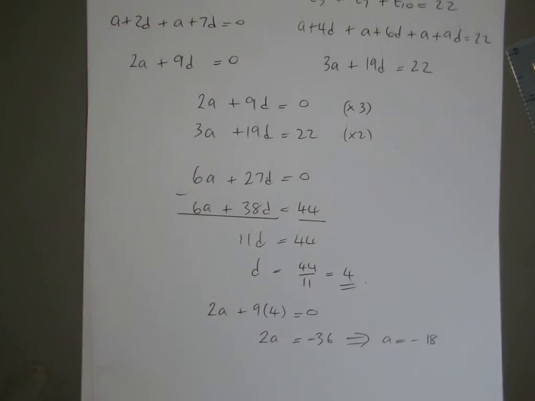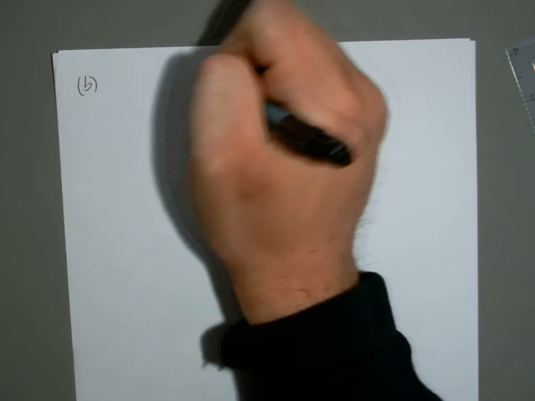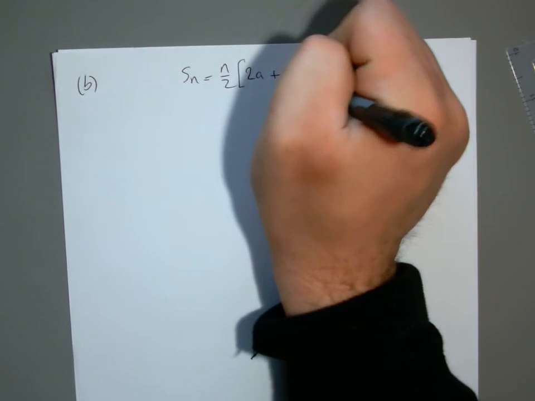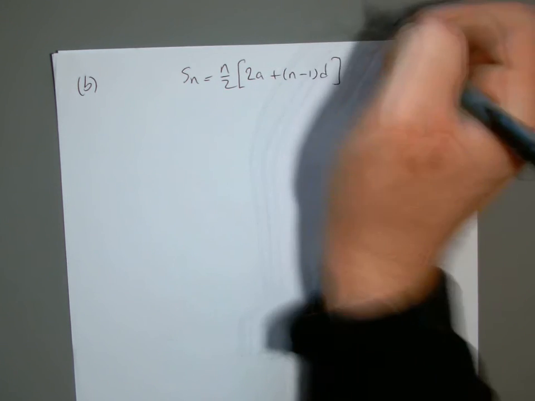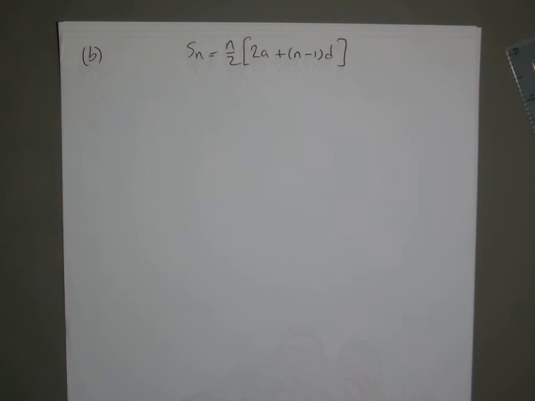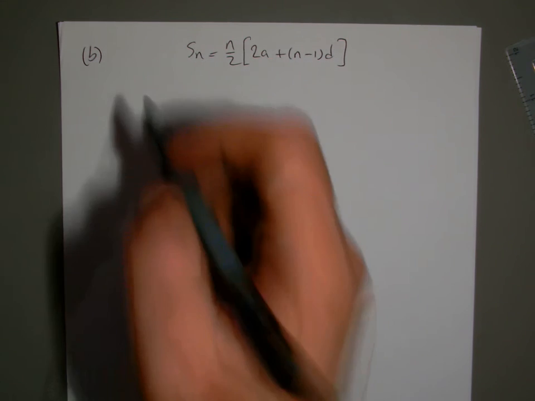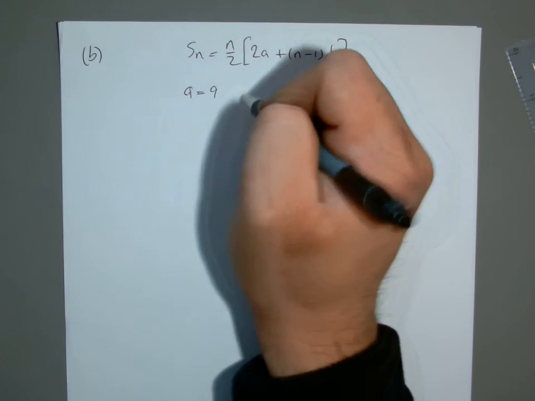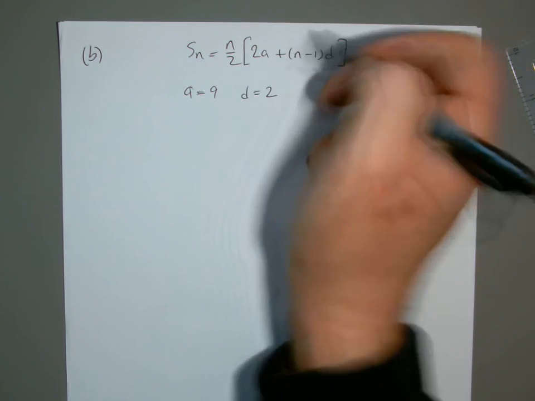In B, we need to utilize the sum formula, don't we? The Sn formula, which is given to us in the formula booklet. The first term of another arithmetic series is 9, so a is 9, and the common difference is 2.